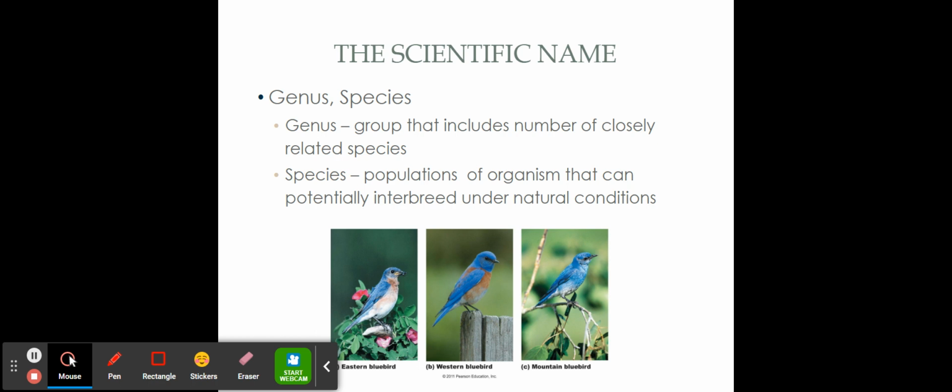An example of this would be bluebirds. The genus would be bluebird, and then the species would be the eastern, the western, the mountain. So they're all bluebirds, all the same genus, but the species would be more about, in this case, their location.